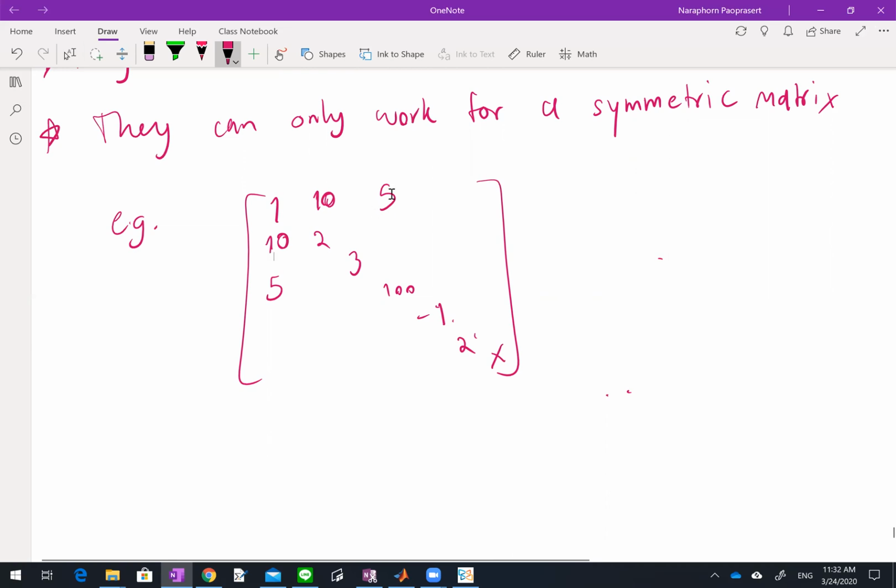If the position 1, 3 is 5, then position 3, 1 also has to be 5. So it has to be symmetric along the diagonal line. This is the definition of a symmetric matrix.